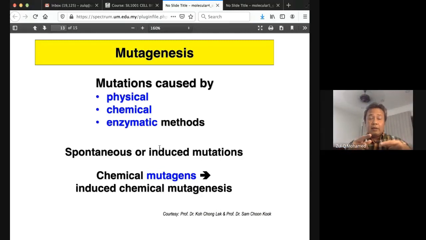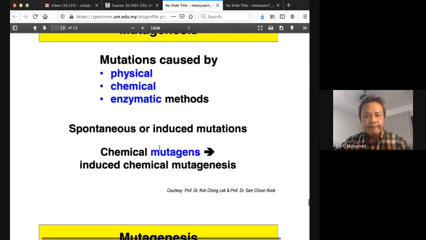You remember the structure of DNA is a double helical structure. It's got the major groove and minor groove. Some chemicals just like to insert themselves within the grooves, and because of that, they cause tension to the DNA and change its structure. And remember, I said just a few minutes ago, if there is a change in the DNA structure, the polymerase will not read it well and probably treat it as a problem, and the result is probably a mutation.